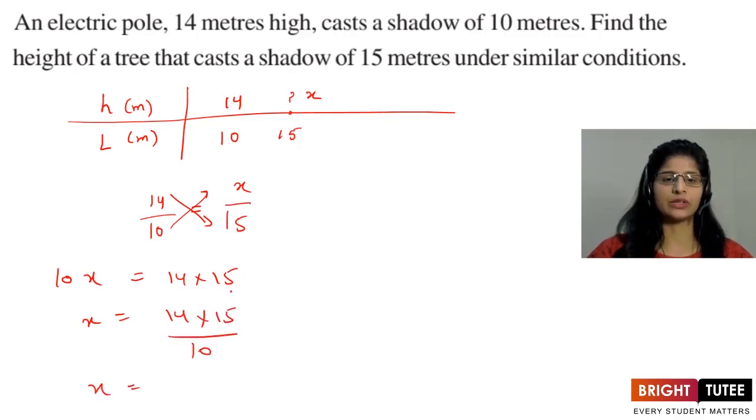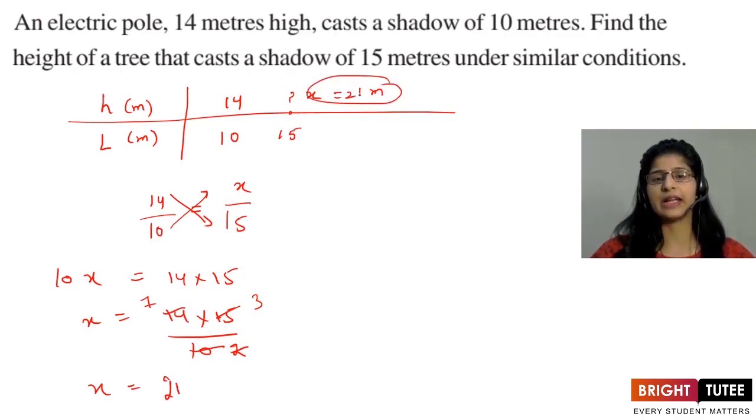So x is equal to, let us cancel it, 5 threes are 15, 5 twos are 10, 2 sevens are 14. So 7 into 3 is 21. So 21 meters. This is the height of the tree, and it casts a shadow of 15 meters. Clear? So this is how we do it.